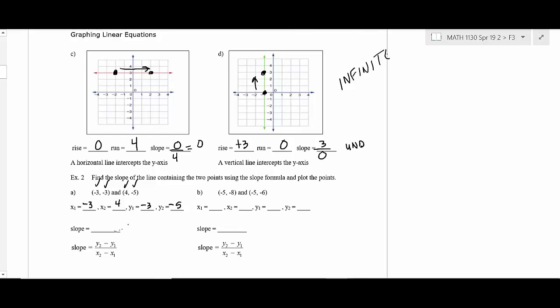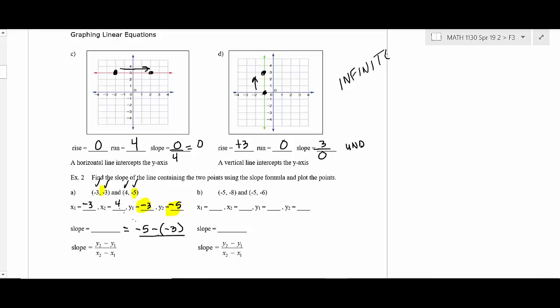So the way the slope would go is you go like this. You subtract the y's. The y values are -5 and -3, and it's up to you which order you subtract in. So I'm just going to say -5 subtract -3. And then I'm going to do the x's in exactly the same order.